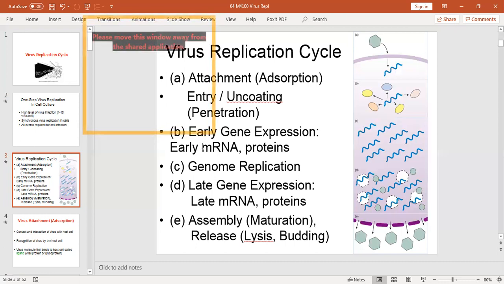At this stage, we have structural and non-structural proteins being made. Genome is being replicated. So the last stage is assembly or maturation of the virus.